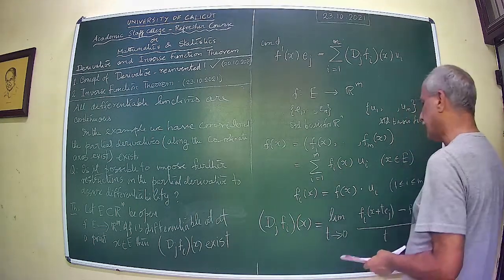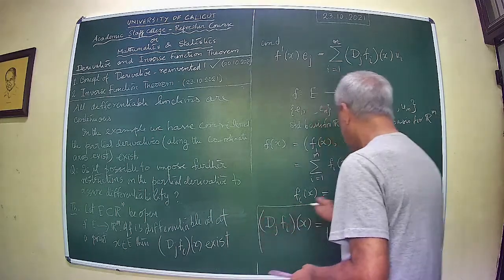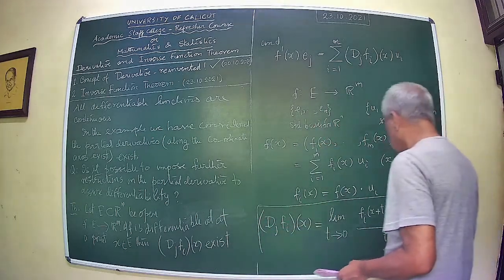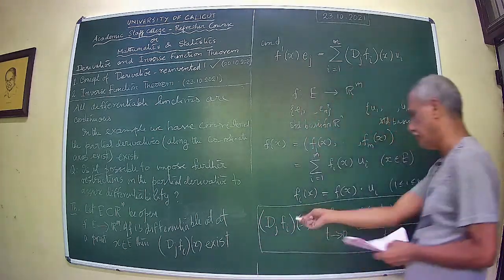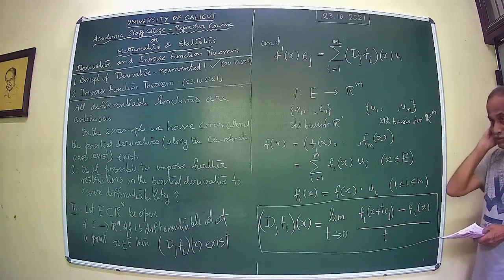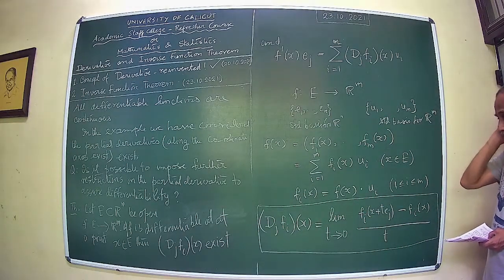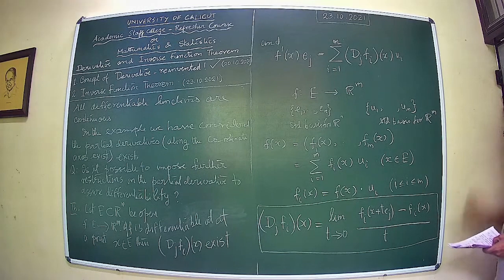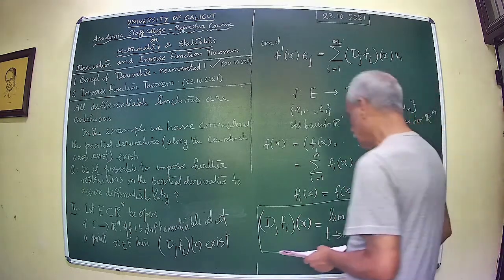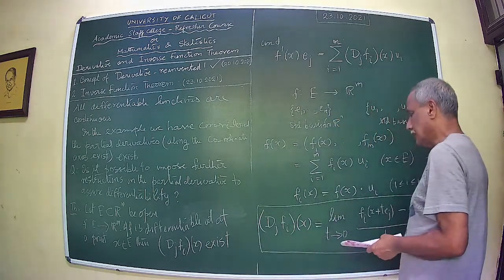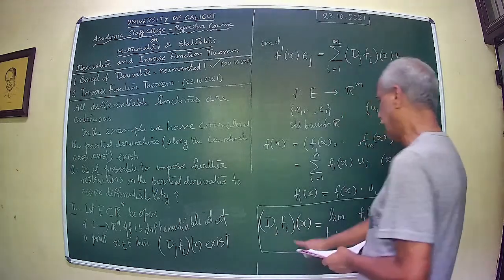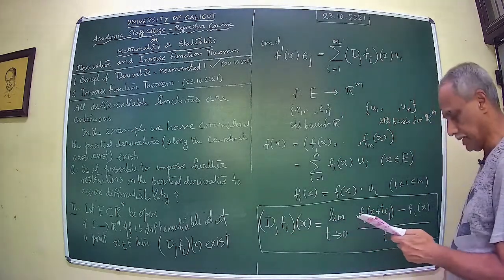If the limit exists, then this is what you call the partial derivative of f_i along the direction e_j. This is true for j running from 1 to n and i running from 1 to m.